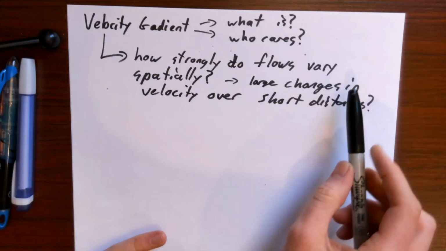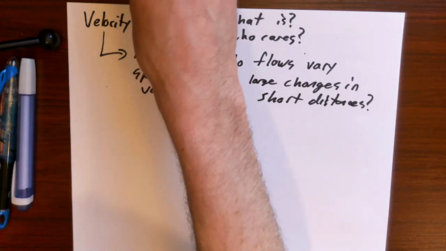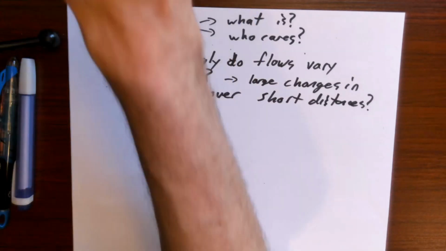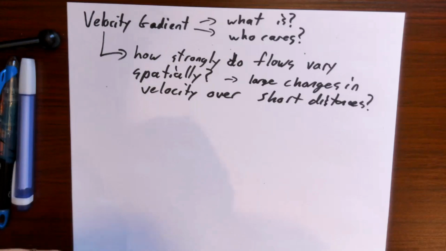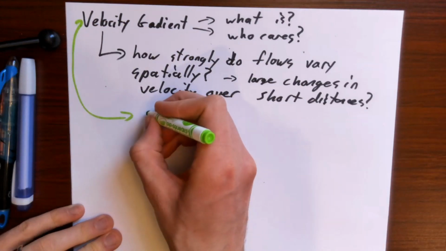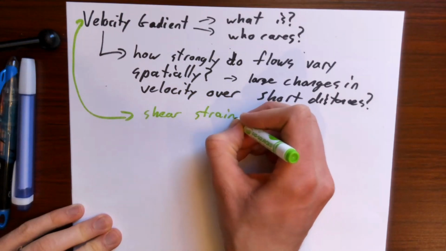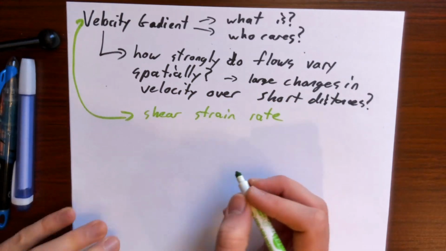And why do we care about large changes in velocity over short distances? Well, it turns out that velocity gradient is almost identical to the shear strain rate. And I'll show you why.